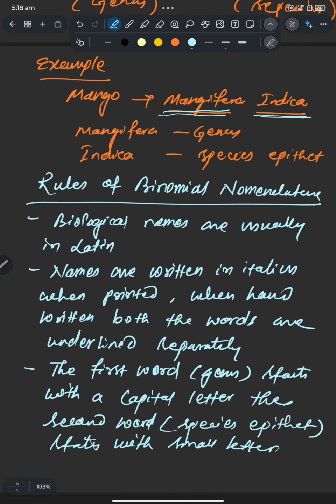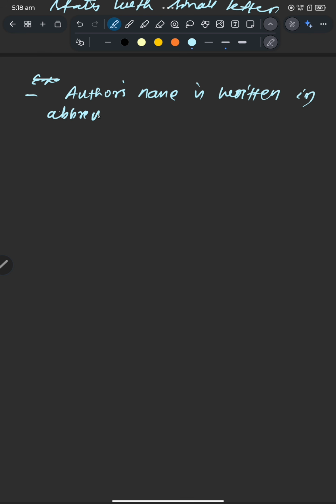So, the last point: the author's name is written in abbreviated form after the species name.